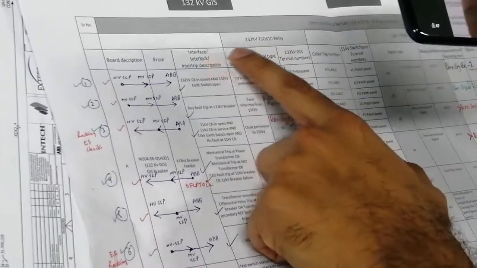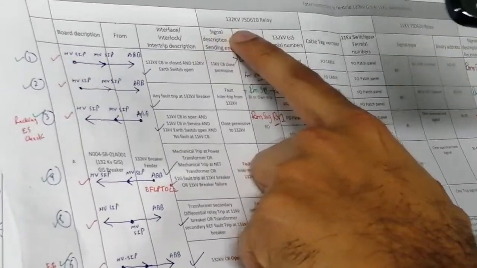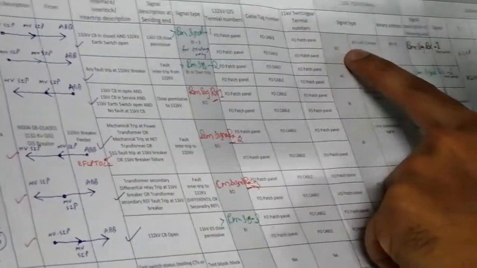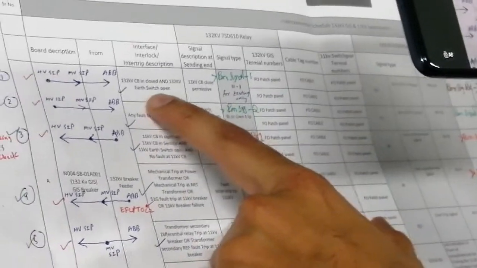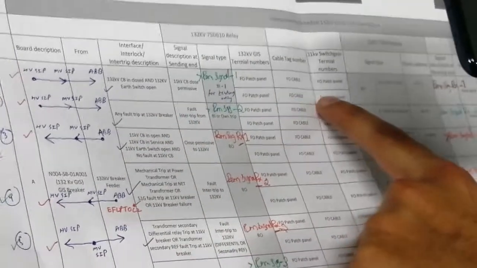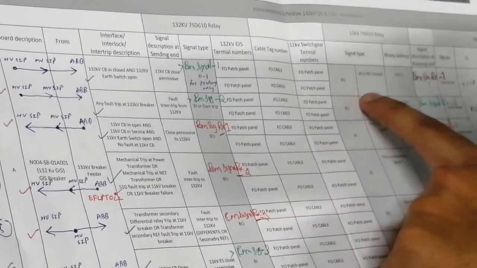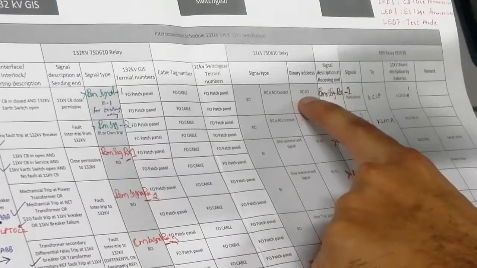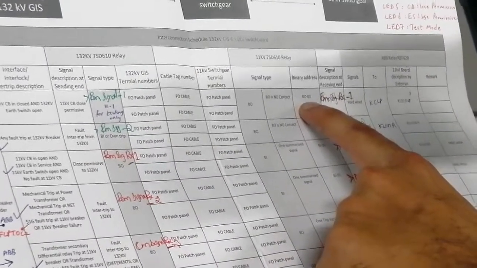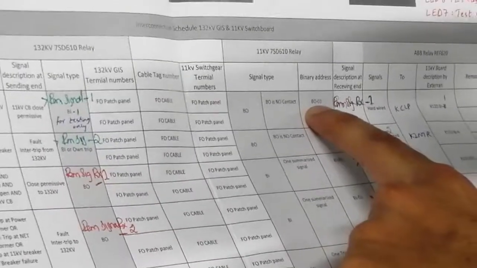These three columns are for the 132 kV Ciprotec relay, and these columns are for the 11 kV Ciprotec relay. So this signal is coming through FO link to the 11 kV Ciprotec relay, and this 11 kV Ciprotec relay is sending the signal to the ABB relay through its binary output number 3. So we'll show you the binary output 3 will be high now in the 11 kV Ciprotec relay.